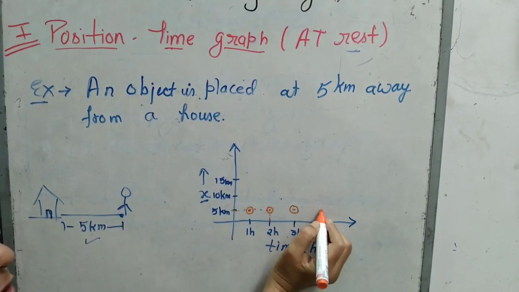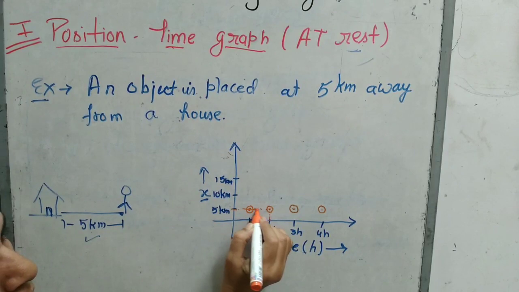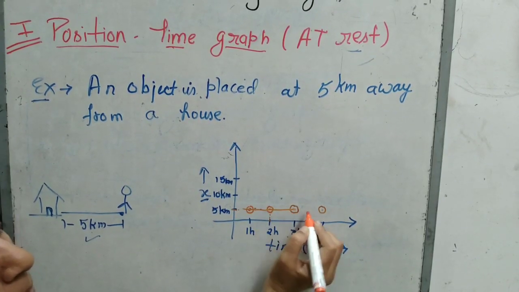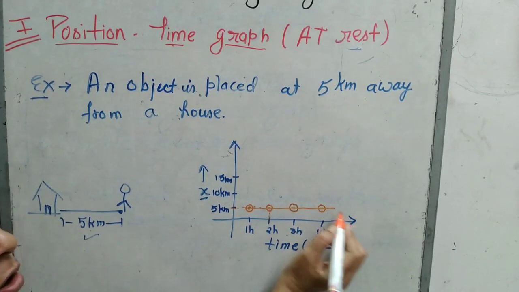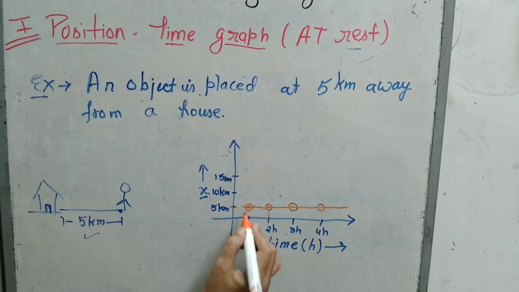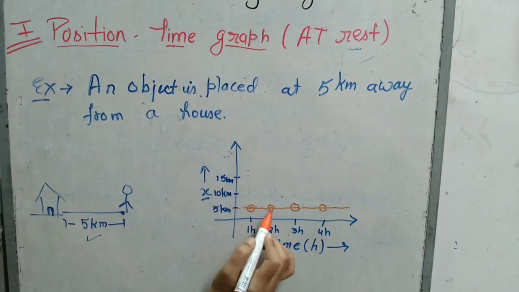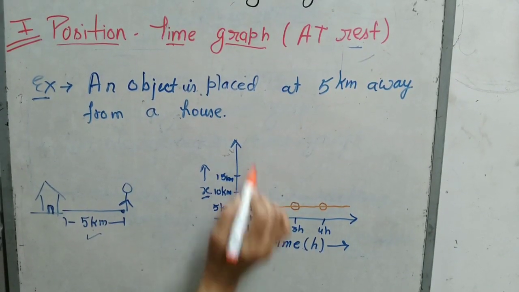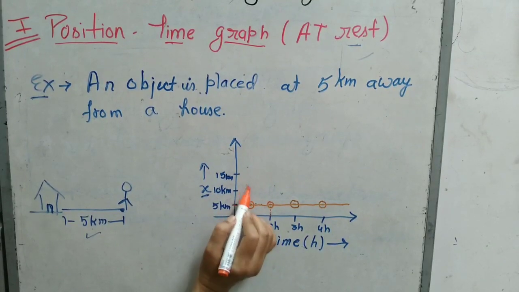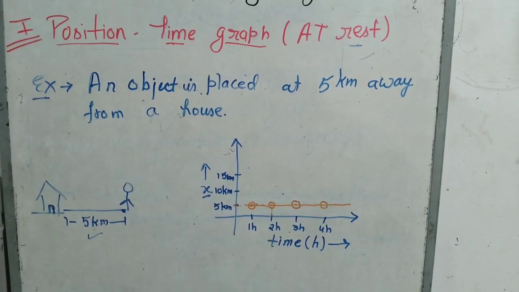So now we are observing that we are finding different points, but these points are only moving with time. As the position is not changing, these points are not going in the vertical direction. If it were going in the vertical direction, that would mean the object is moving. So what do we observe?